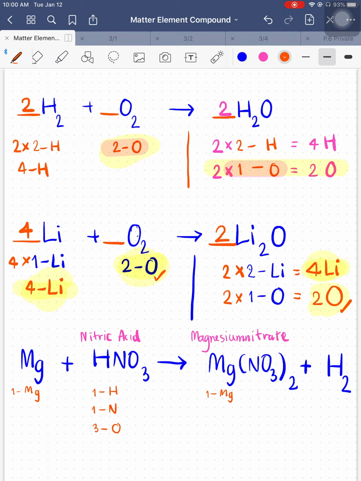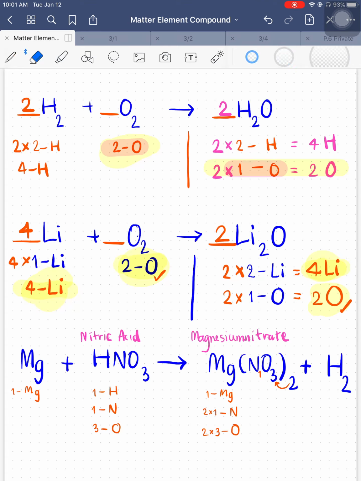One magnesium. There is not one nitrogen. Do not forget this. This is one nitrogen. And cover with 2. If you would like to decompose each one, it will be 2 times 1 nitrogen. And oxygen will be 2 times 3 oxygen.